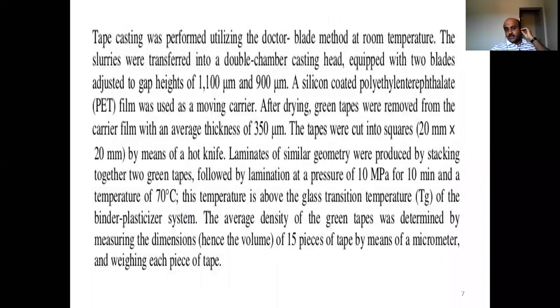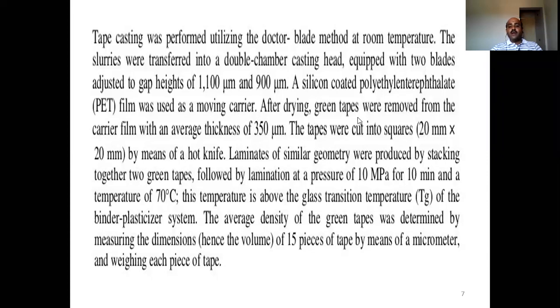Tape casting is performed using the doctor blade method at room temperature. The slurries were transferred into the double chamber casting head equipped with two blades adjusted to gap heights of 1100 micrometer and 900 micrometer. A silicon coated polyethylene terephthalate, PET, film was used as a moving carrier.